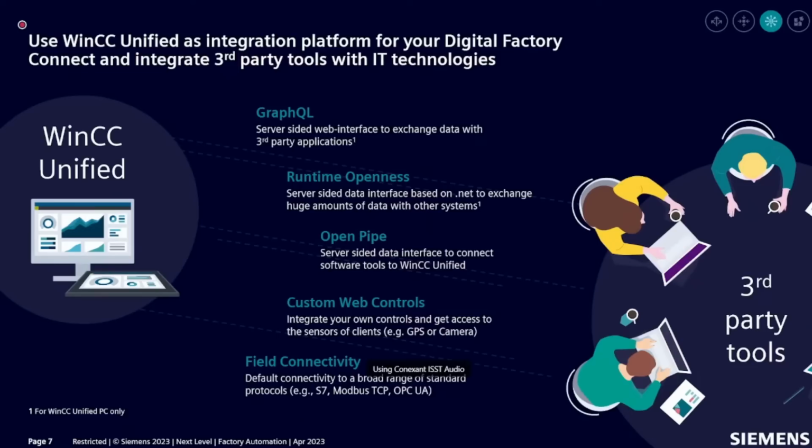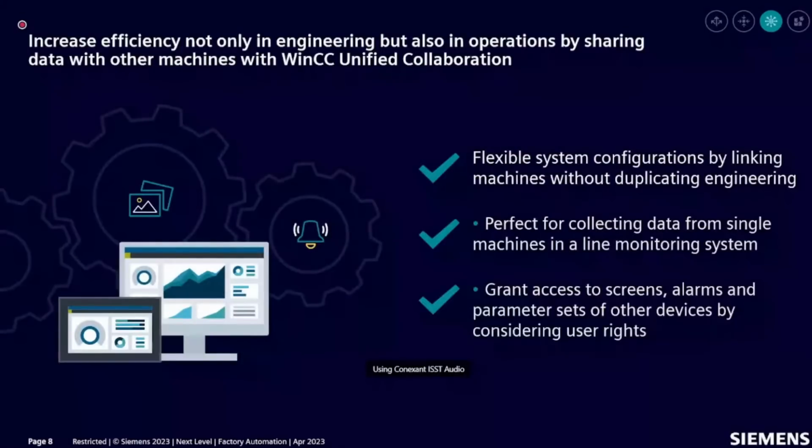And connectivity: it also supports similar protocols as earlier, S7, Modbus TCP for shop floor connectivity. Due to all these benefits, it gives more flexibility from an integration point of view. For example, if you want to create two screens for two different machines, but both are identical, normally we copy and paste.